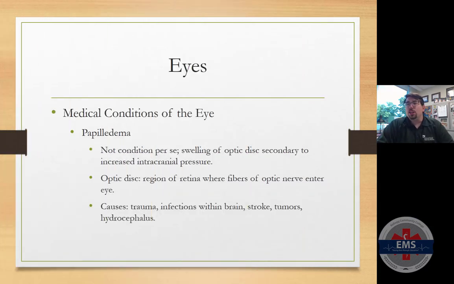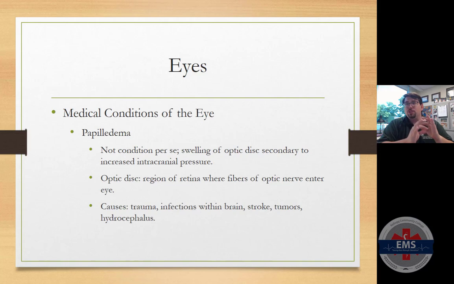Papillary edema is another component we see with medical conditions of the eye. It's really not a condition per se, but more so swelling of the optic disc based on some other traumatic injury leading to an increase in intracranial pressure. The optic disc itself is the region of the retina where the fibers of the optic nerve enter the eye, right?